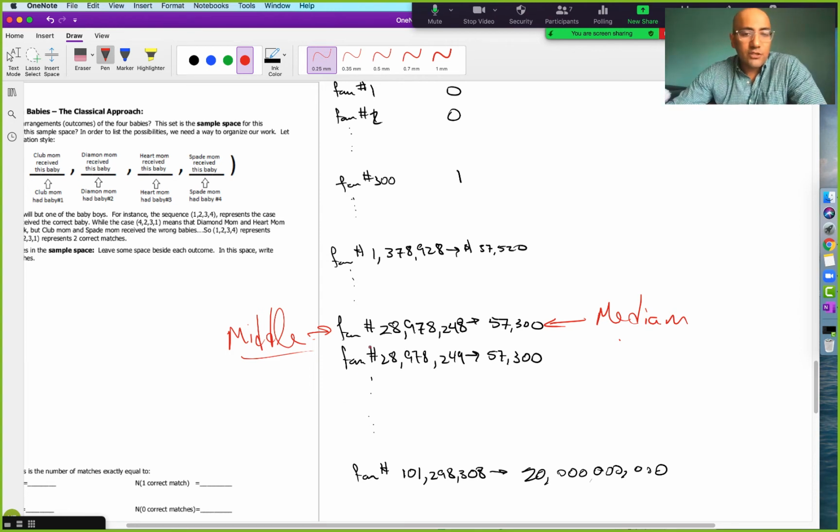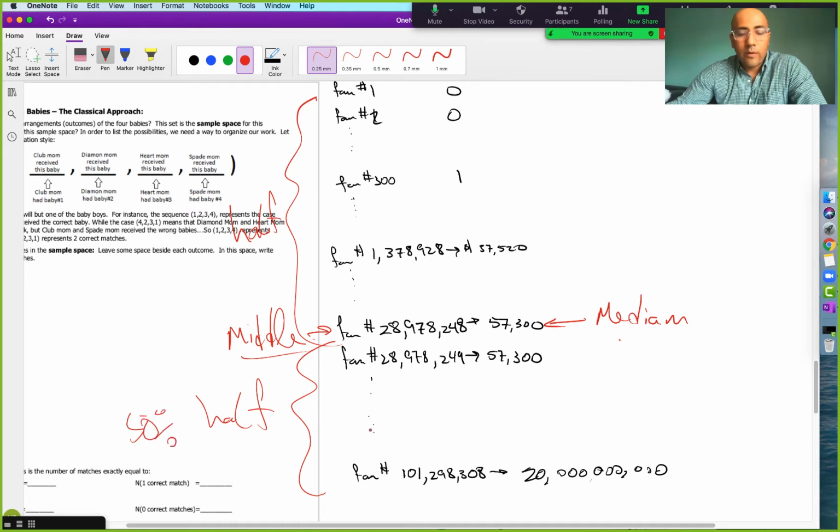So by definition, if we randomly choose one of these families, we randomly surveyed, we randomly send a letter or an email to a family in the country and ask them, what is your income? Well, we got half the families are over here, and the other half are over here. So there's a 50% chance that we will randomly select a family over here above the middle, and there's a 50% chance that we will randomly choose a family over here below the middle value, right?